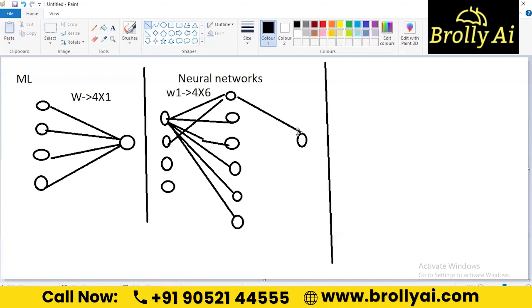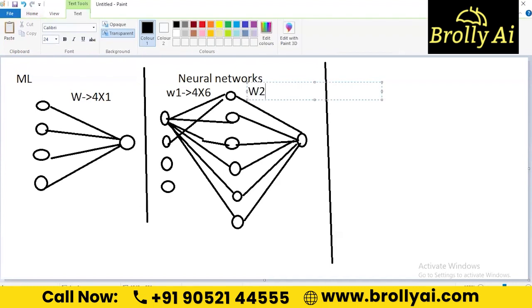Again, look at the second and third. This will hit this. Again, this will hit this. The hitting style is like this. That means between the second and third layer, there is another weight matrix, which is weight 2. How many weights here?